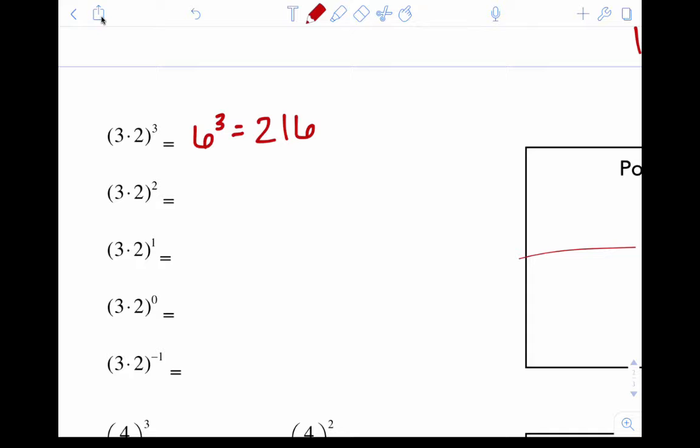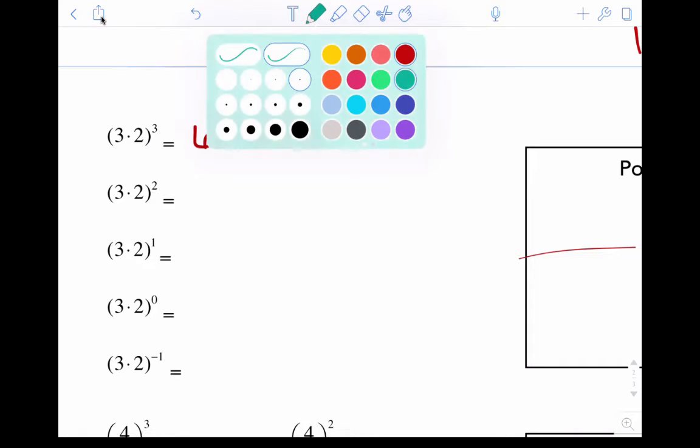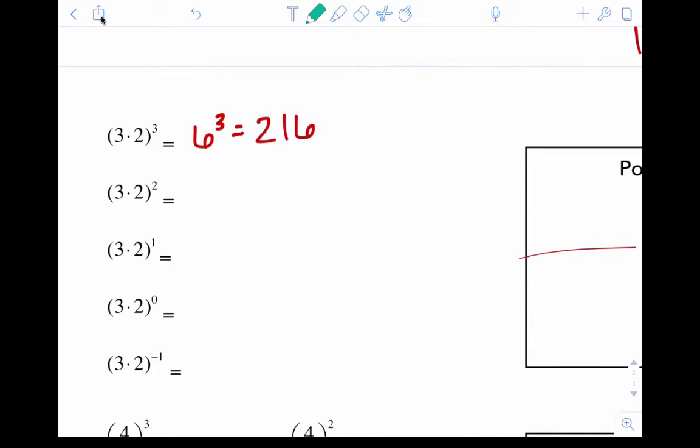Now, one thing I want to point out is, let's just see what would have happened if I had distributed that 3 to both numbers inside of the parentheses before multiplying. Because as you could tell, I didn't know what 6 to the third was off the top of my head. I went to the calculator just for time's sake, but I also could have done the multiplication out over here to the side. So let's see if this makes it simpler multiplying that through.